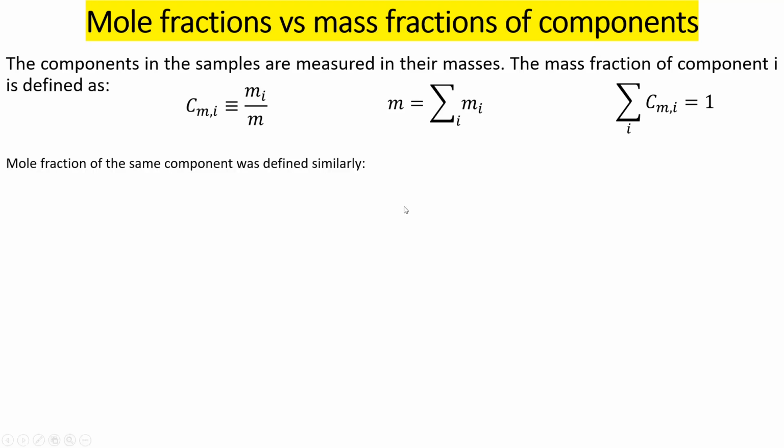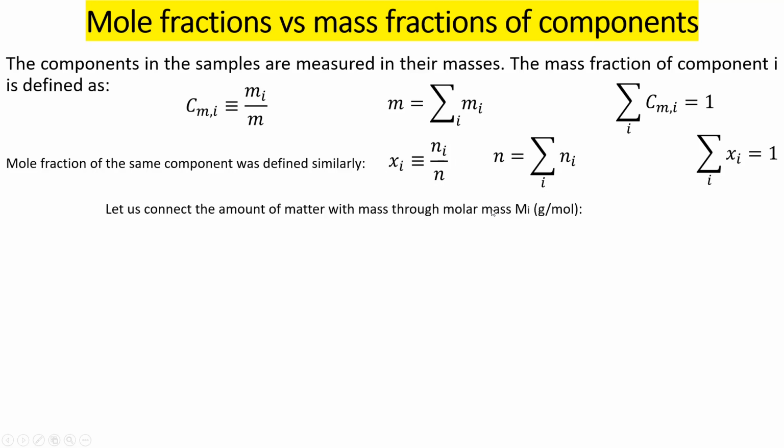Very similarly, we introduced before the mole fraction of the component, and these are quite similar equations, except that for mass fraction I use masses, for mole fractions I use moles. Now, in order to find the equation which is able to convert Cm into X or vice versa, I need to find a quantity which contains both m and n.